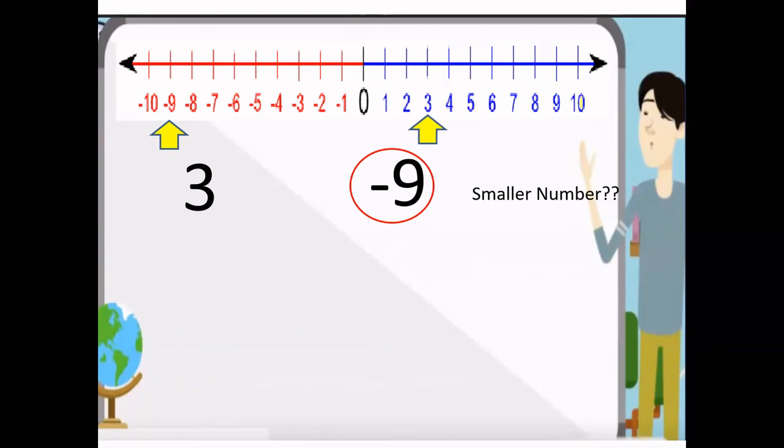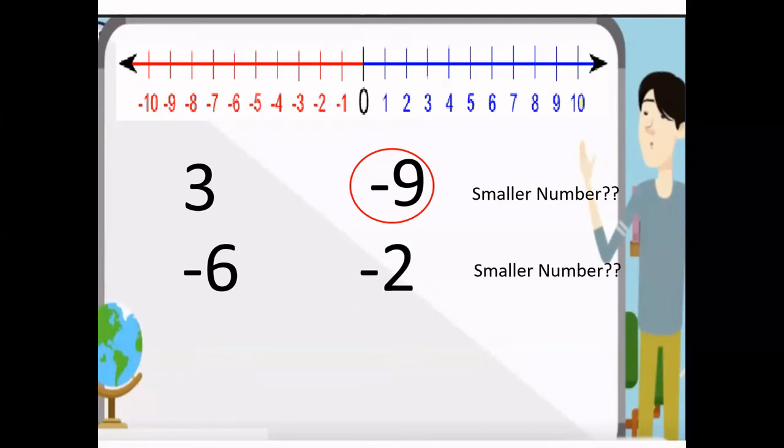The left side has the smaller numbers. How about -6 and -2? Which do you think is the smaller number? Yes, it is -6, because it is found on the left side of -2.